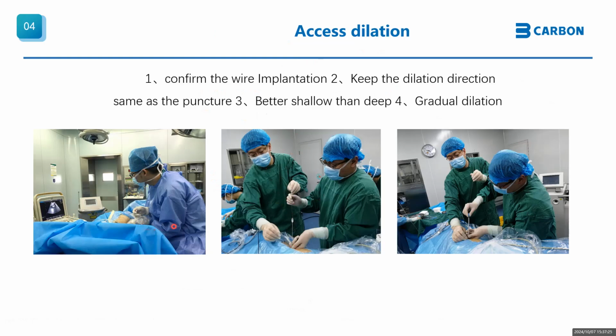Also, we can use ultrasound to make sure of the wire placement. Then keep the dilation direction the same as the puncture. Whatever the direction of the puncture, the dilation direction must be the same.